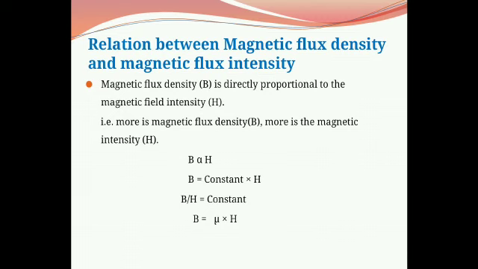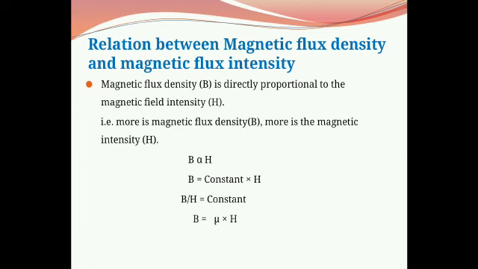Then what is the relation between magnetic flux density and magnetic field intensity? Magnetic flux density is directly proportional to the magnetic field intensity. That means if the magnetic field intensity is maximum, magnetic flux density is also maximum, and if the magnetic field intensity is minimum, then magnetic flux density is also minimum.